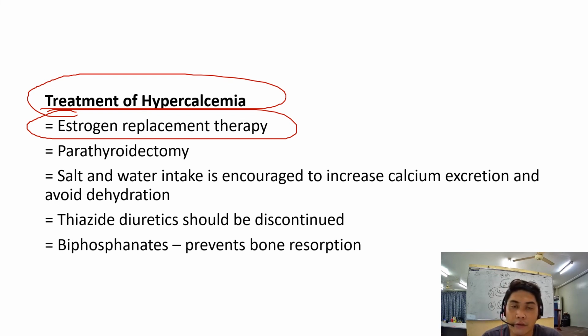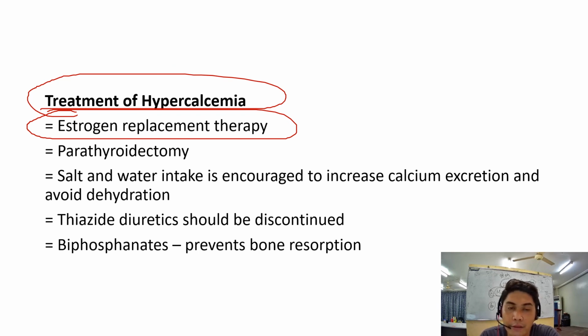Another is parathyroidectomy, or the removal of the parathyroid gland. If the parathyroid gland has cancer or malignancy, and that's the cause of the excessive production of PTH, then you need to remove that parathyroid gland. Salt and water intake is encouraged to increase calcium excretion and avoid dehydration.